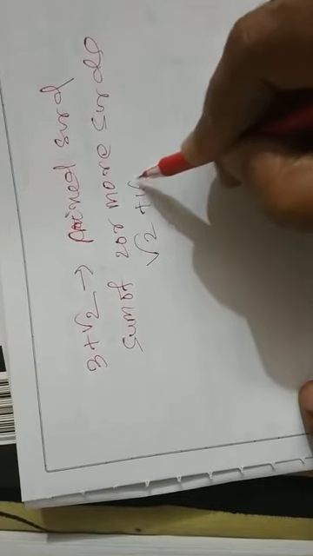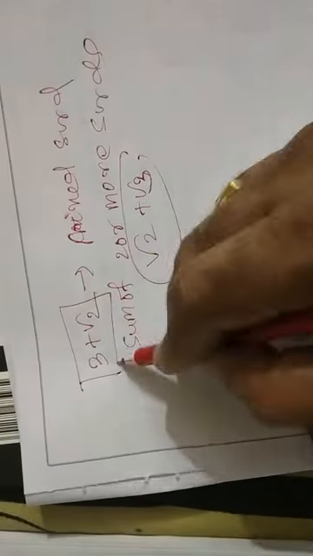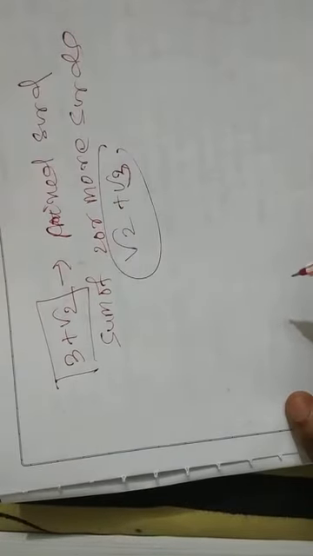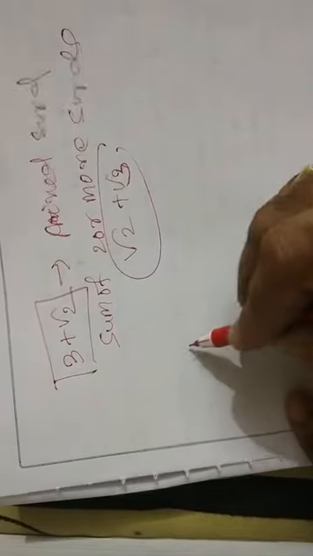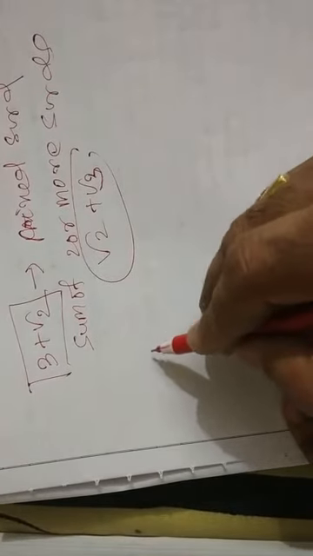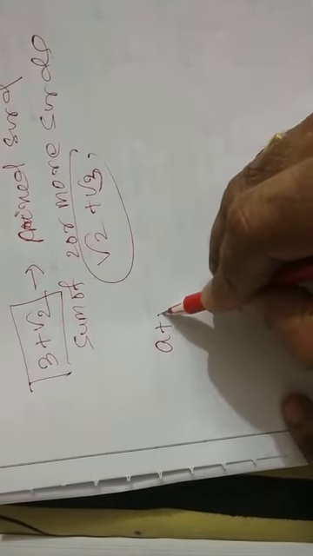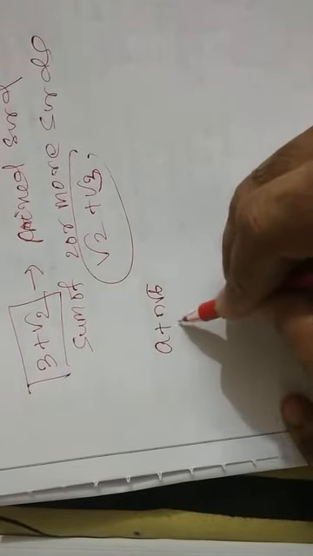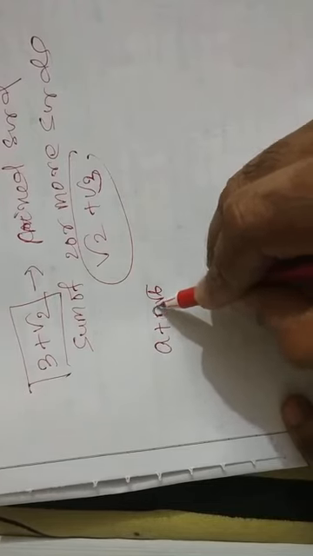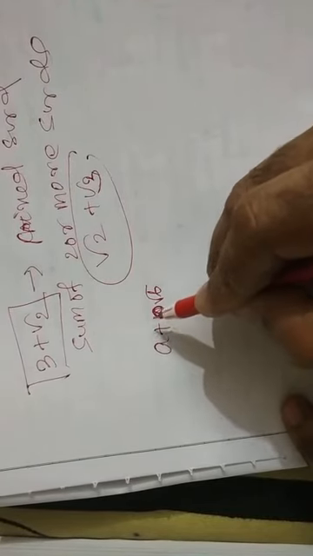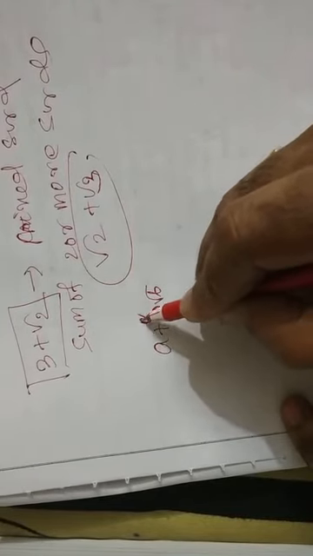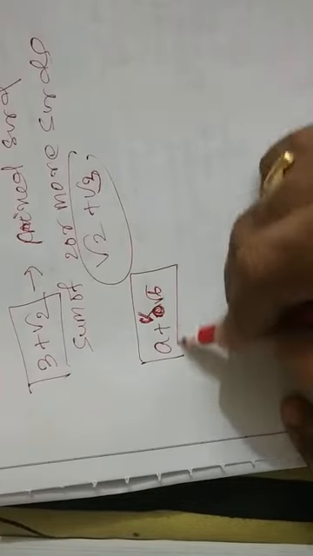Root 2 plus root 3 is a compound surd. But 3 plus root 2 is a mixed surd. So the standard form of a mixed surd is a plus k root b, where k you may write as c or k.